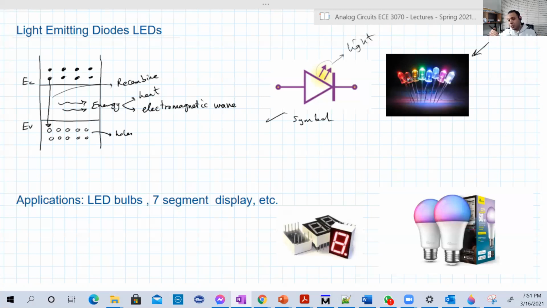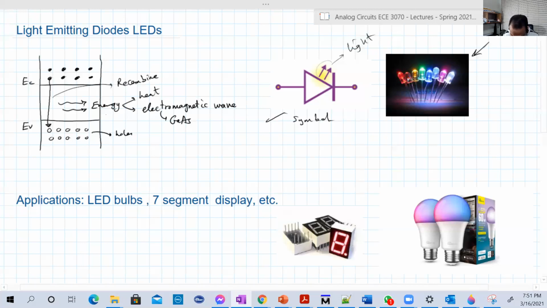But for other semiconductor types, for example gallium arsenide, this energy is visible. You can see it, for example red light, blue light, or green light. And why is that?